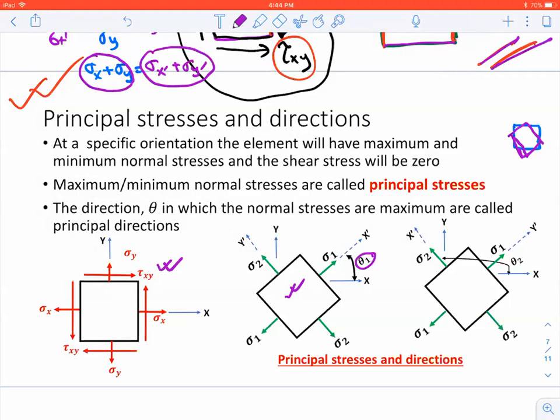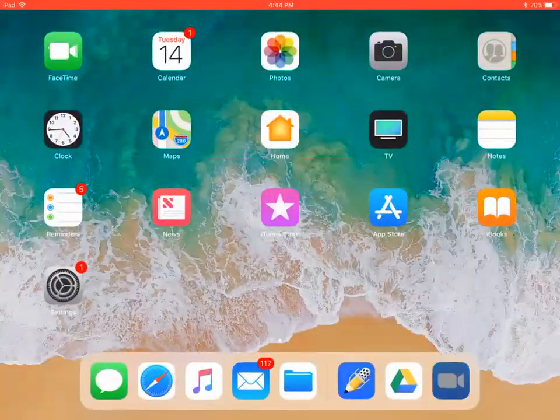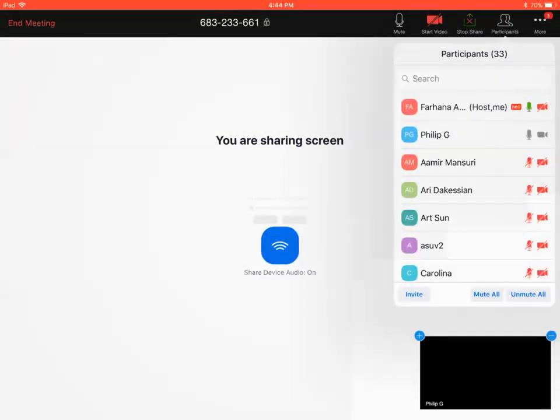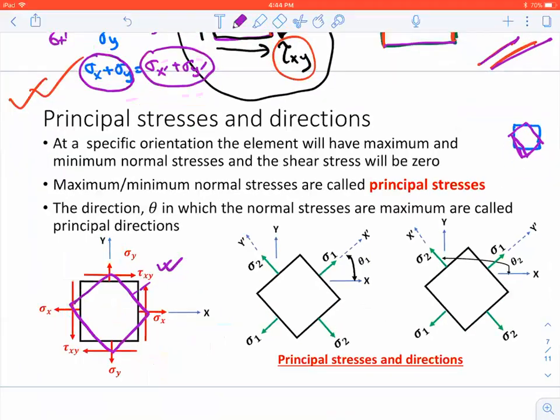Okay, not theta 1. Say you rotate it by an angle theta. So now the stresses I'm going to see in the x prime direction are sigma x prime, sigma y prime. They're different, they're not the same as sigma x.